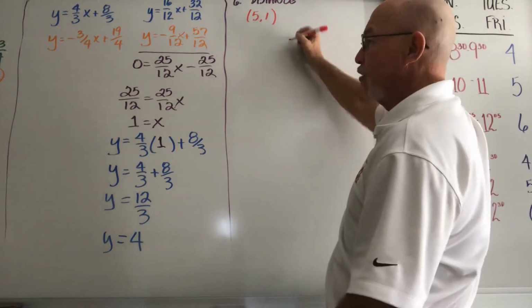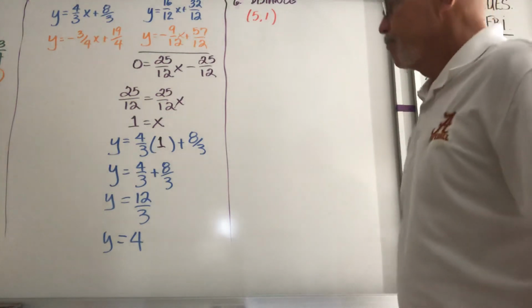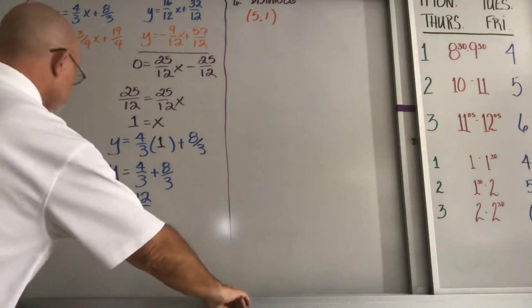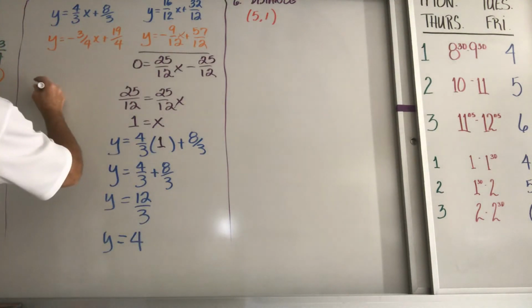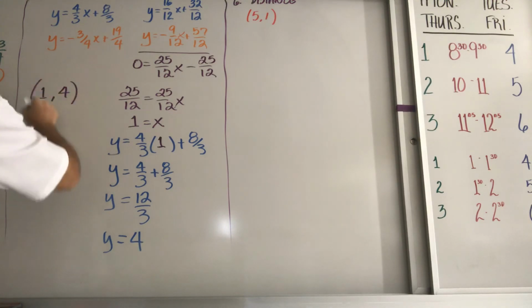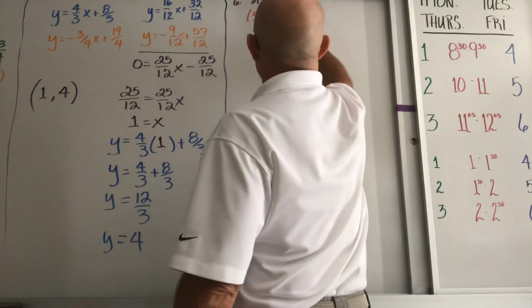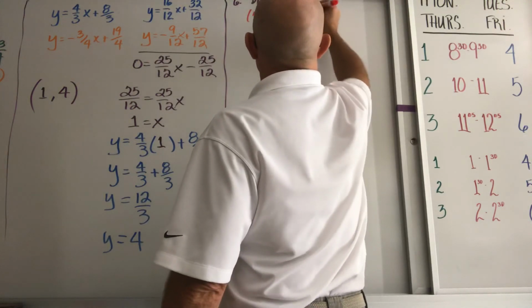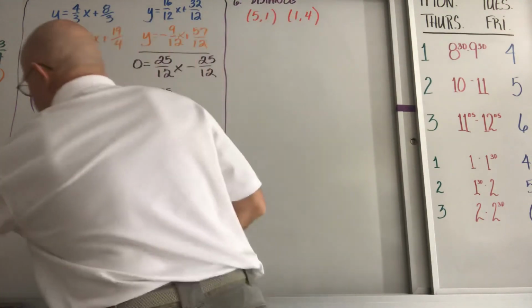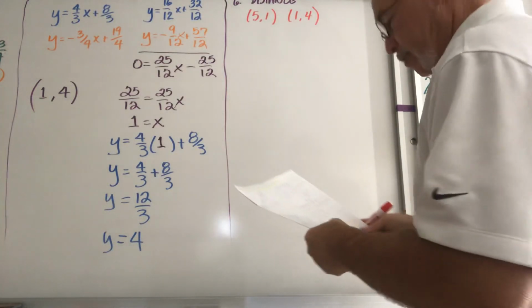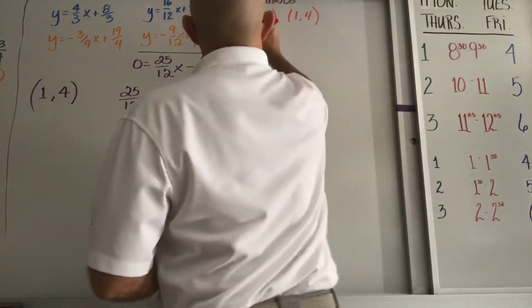And then the one we just found here, okay, the point 1, 4. And we're going to find our distance between these points. Okay, once again, distance formula.